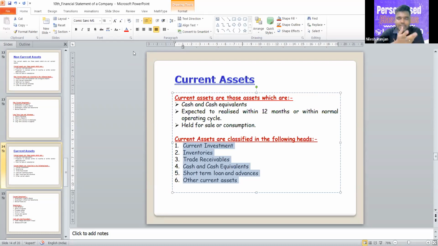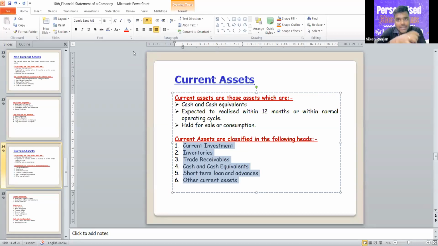So bills receivable is a current asset due to its time factor of 90 or 120 days. The maximum time period is, I think, 180 days. There may be an exception where it is paid after 1 year, but generally all bills receivable will be realized within 6 months. That's why it is a current asset. Now, debtors. Actually, there is no time period to realize debtors, but what is our intention?